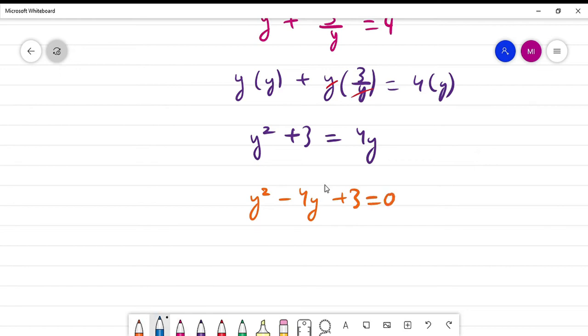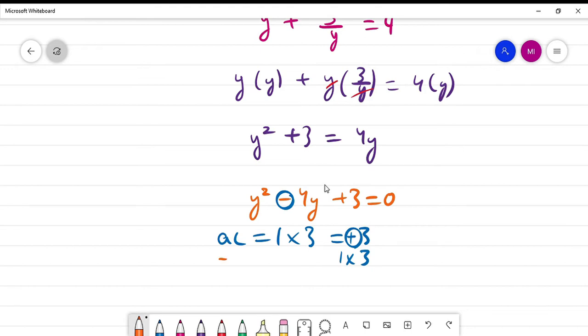And let's see if this is factorizable. AC is equal to 1 into 3, which is equal to 3, and the factors are 1 into 3. And the signs tell us, since AC is positive and B is negative, this means that both of the factors in the pair must be negative, so that their sum is negative and their product is positive.